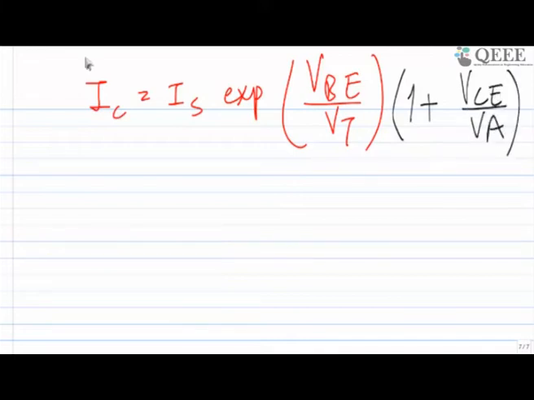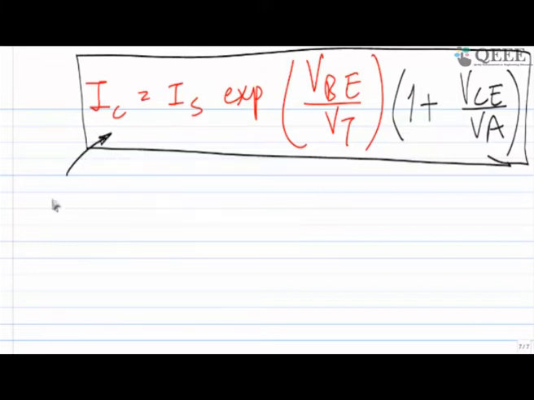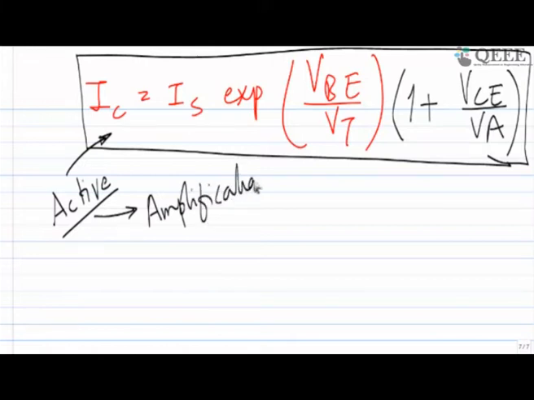So this will be added, and this is the actual equation of collector current for any BJT when you are making that BJT operate in active mode. Note that I'm writing only for active mode of operation. This is not for all the regions of operation. This is only for active, and this active mode will give us amplification. This is my ultimate goal. I want to make an amplifier.